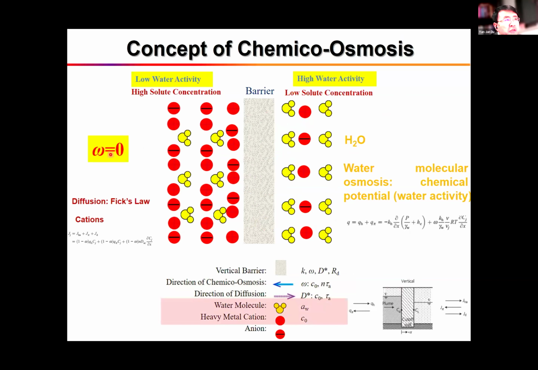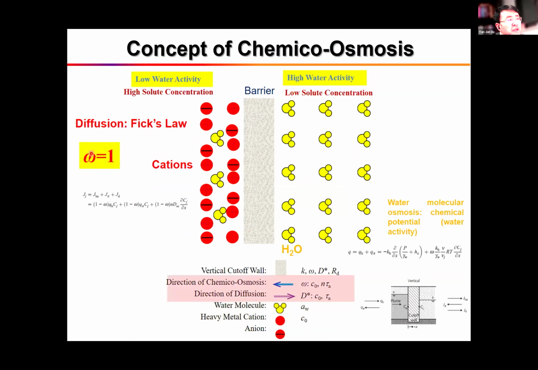Generally omega varies from 0 to 1.0. In the case of omega equals 0, that means the barrier shows no membrane behavior, that means the cations will move easily from the left side to the right side due to the diffusion process.